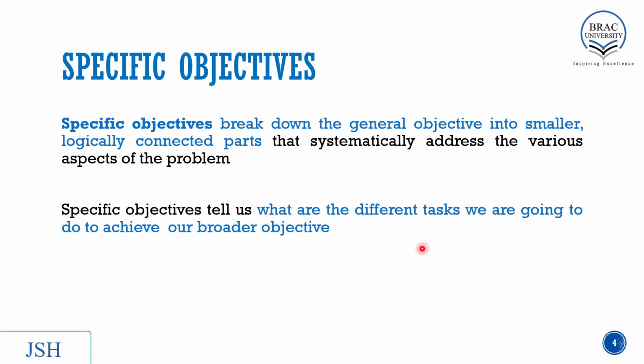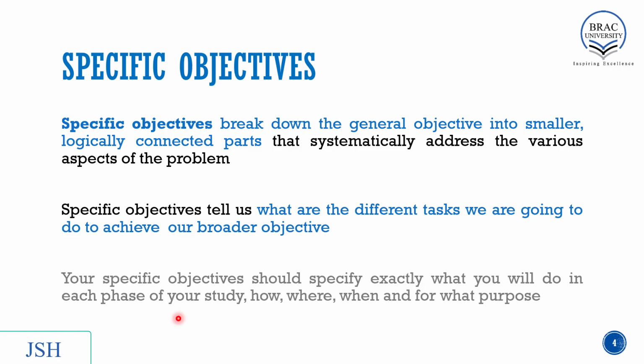Again, what are the specific tasks, or smaller tasks, we need to do that will help us to achieve our broader objective or broader aim. All right. Again, do not worry if you are confused. It will be clear once I give you the thorough explanation. I'm going to skip these last two lines for now. Let's move on to the detailed explanation first.